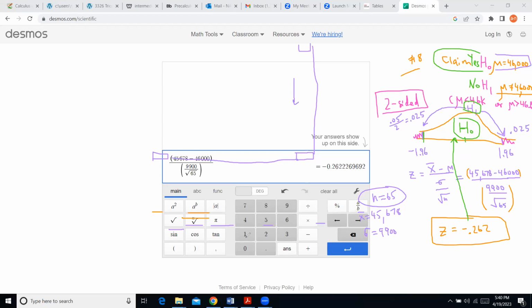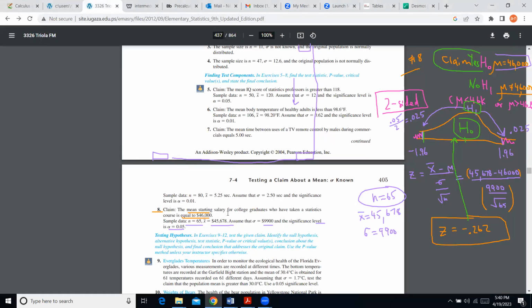So whatever they claimed about the starting salary for a college graduate of $46,000 is correct, and we were able to verify it by considering a 65-element sample.